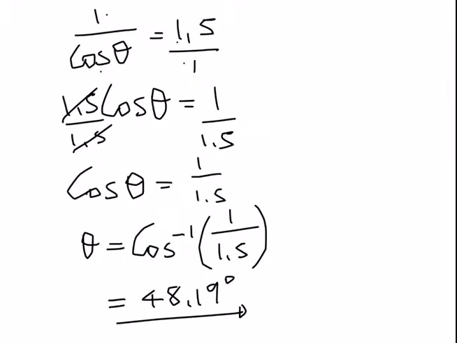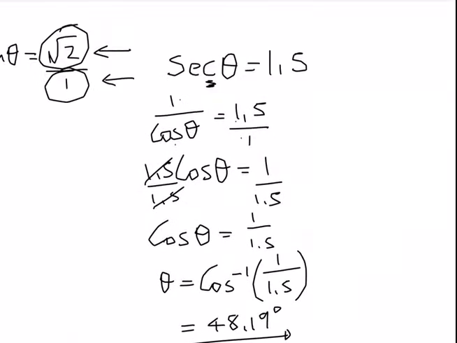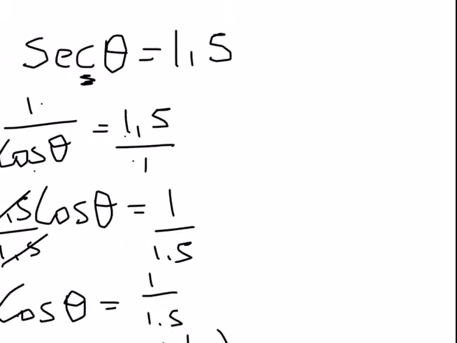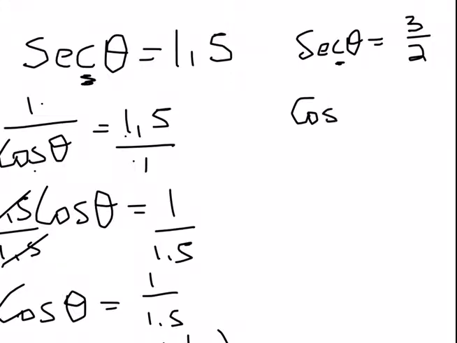Another way is for you to realize that if you have sec of an angle being equal to 1,5, what is 1,5 as a fraction? Let's see, it is actually 3 over 2. And since sec is the reciprocal of cos, then if you change this to becoming cos of an angle, that means this one you change by just swapping.